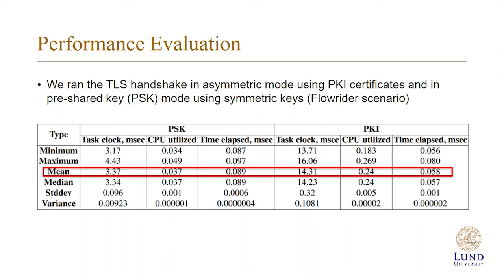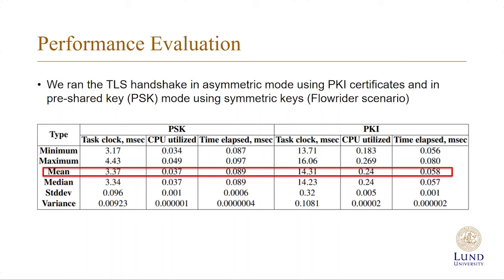In our tests, the client established a TLS session with the server in the considered mode and terminated the session immediately afterward. We ran the tests 10,000 times in both cases. And in each case, the OVS or Open vSwitch flow table did not contain any flows between the client and the server. As a result, the first packet was always forwarded to the controller.